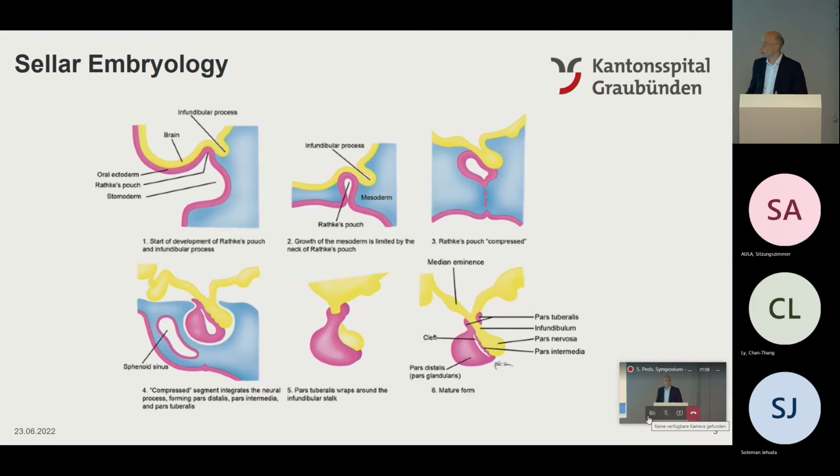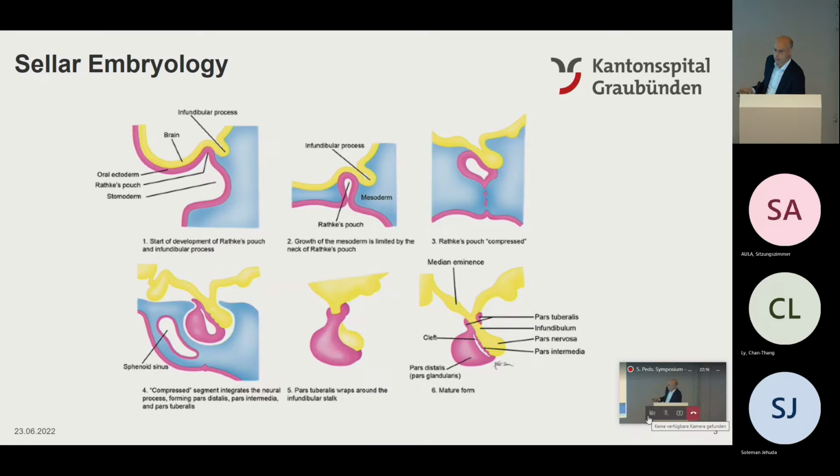The development of the diencephalon and sellar part already started in the 3rd week. At that time we have 3 layers: oral ectoderm, neuroectoderm, and there's a kind of pouch called the stomodeum.